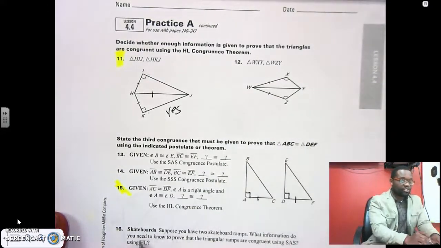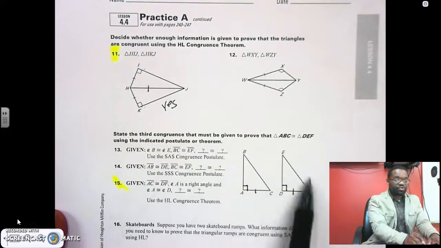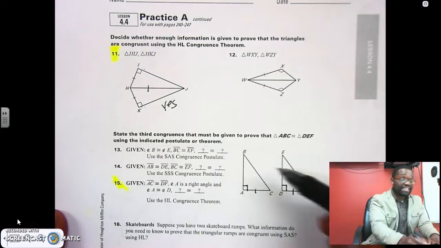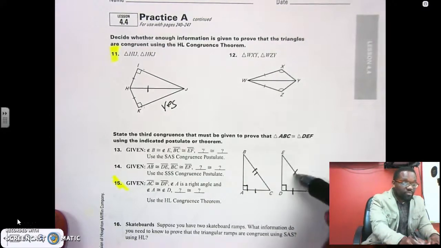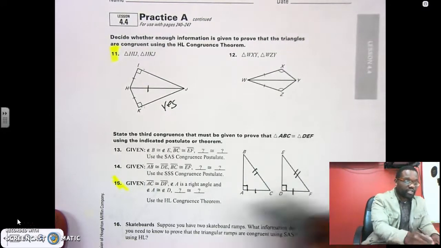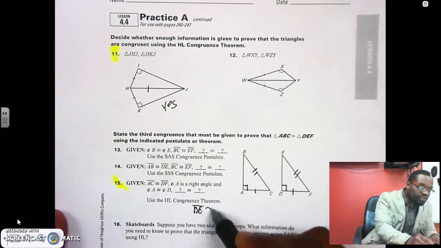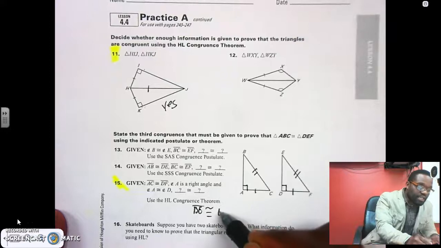So what else do I need to know in order to prove that these two triangles are congruent by using the hypotenuse leg theorem? Well, I need to know that the hypotenuse on both triangles are congruent. So I need to know that BE is congruent to EF.